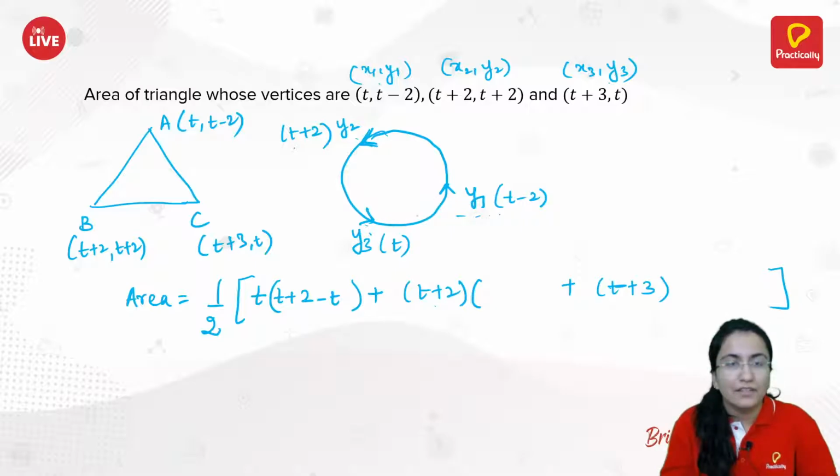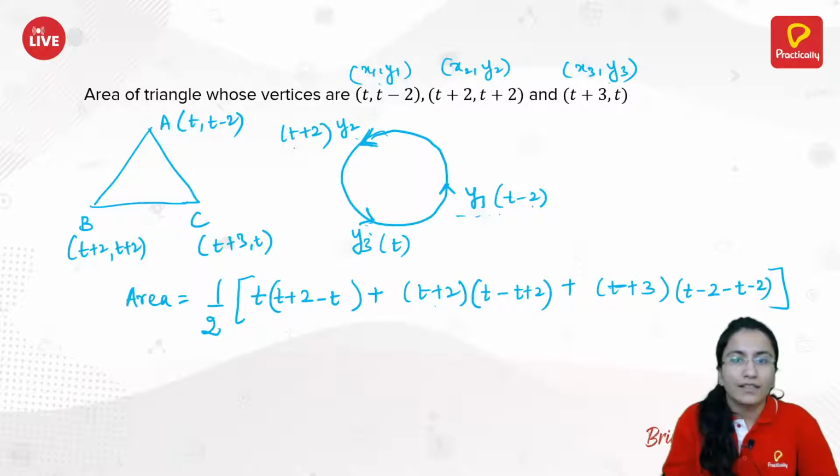So move in the direction of arrows, y3 to y1. So y3 first, that is T minus of T plus 2. Next, here you have x3. On the basis of x3, you need to forget about y3. Just think of y1 and y2, in the direction of arrows. It will be y1 minus y2, that is T minus 2 minus of T plus 2. Basically, y1 minus y2 I have written over here.